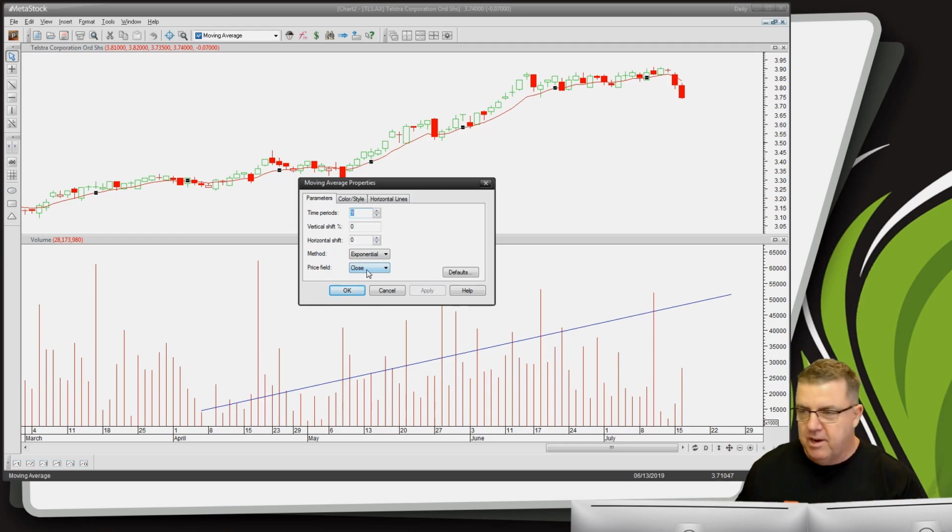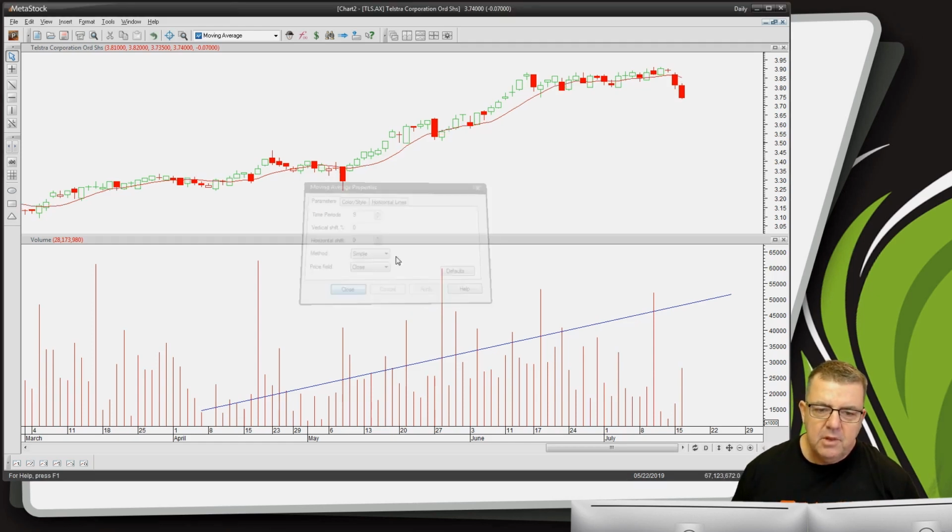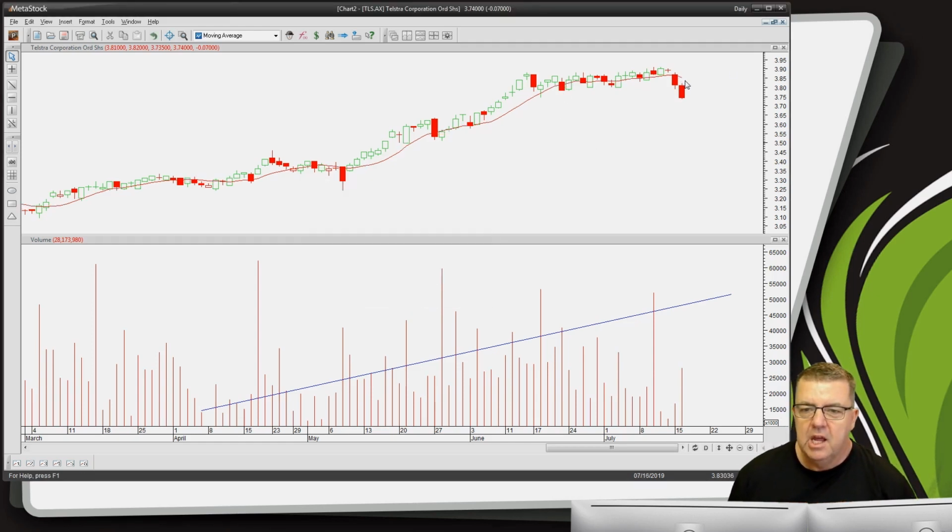You may already know all this. If you don't, that's fine too. Don't get hung up on this. Don't get too confused about this. There's three main types we use with the moving average: simple, weighted, and exponential. And of course, there's a couple others, but we mainly use a simple or exponential. Let's just go on to a simple. So what that is basically saying is, if we look at the average price over the last 9 days, this is what this price has been.